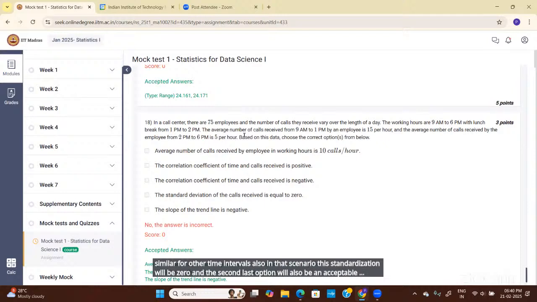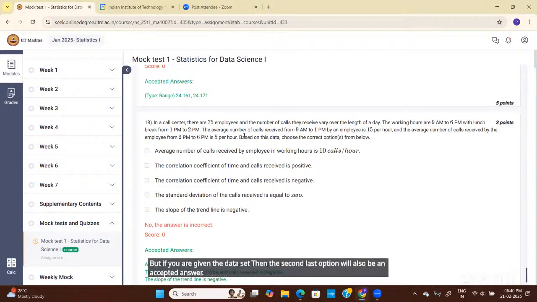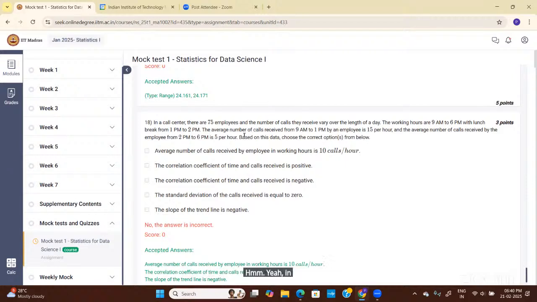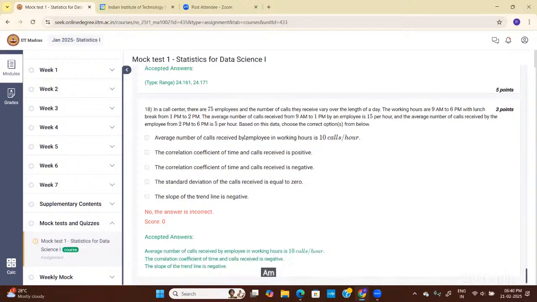Right now we don't have the second last option as an accepted answer. But if we are given the data set, then the second last option will also be an accepted answer. So we are not selecting the second last option here because we don't have the data set. That's the reason for not including this answer in the accepted answer list. Am I right?